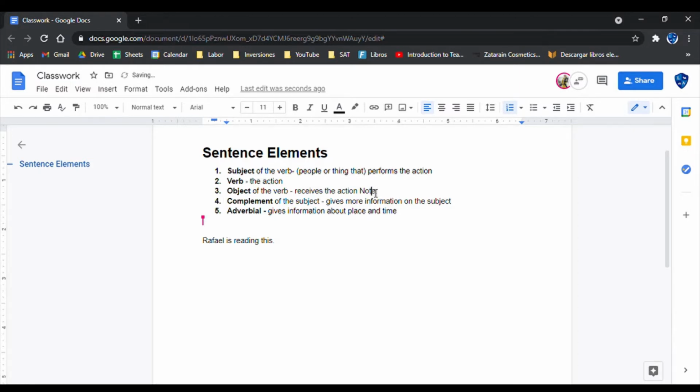When do we use the object? We're going to use object with action verbs.